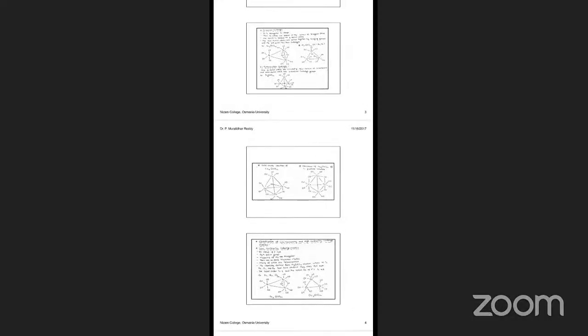Binuclear, and trinuclear is also there. Trinuclear means M3(CO)12 type of carbonyls, like Fe3(CO)12.